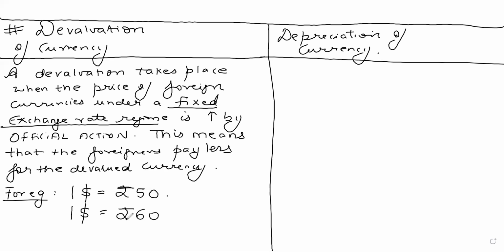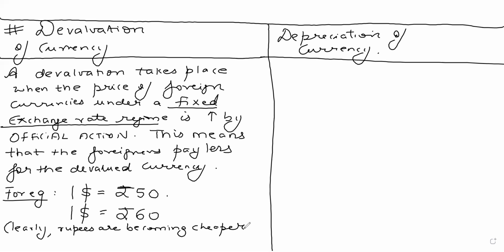So you can see what is happening. You can see which currency is becoming cheaper and which currency is becoming expensive. You can clearly see rupees are becoming cheaper. Why?